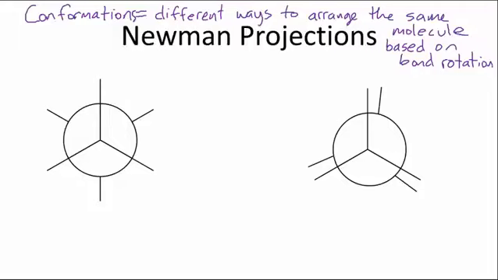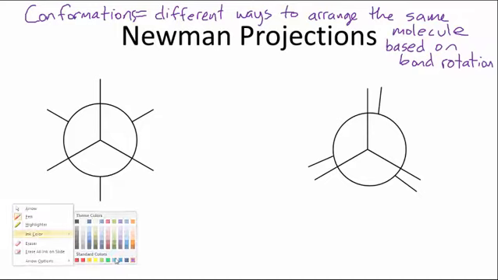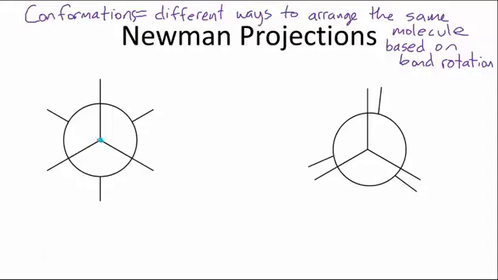All right. So in a Newman projection, we have a circle. We have three substituents represented with their bonds going straight to the center of the circle. This point here represents the central carbon, or the carbon in front.